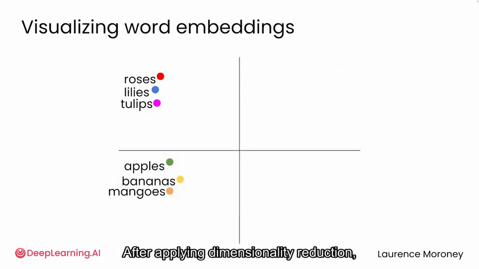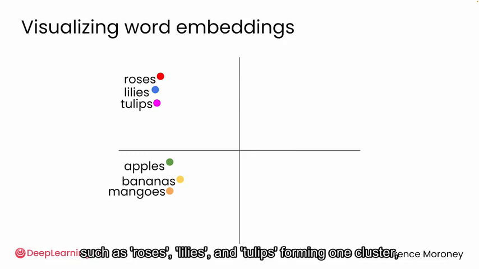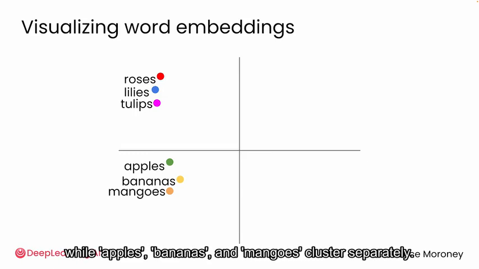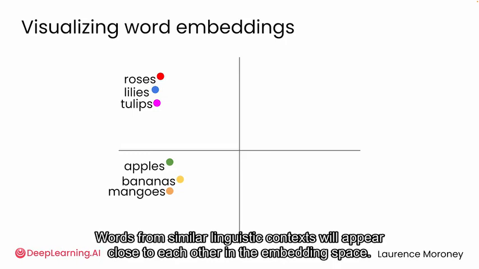After applying dimensionality reduction, you can then plot word embeddings to uncover natural word clusters, such as roses, lilies, and tulips forming one cluster, while apples, bananas, and mangoes cluster separately. These formations highlight semantic similarity. Words from similar linguistic context will appear close to each other in the embedding space.